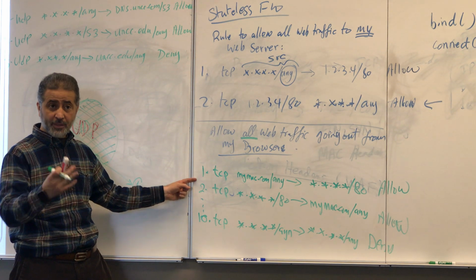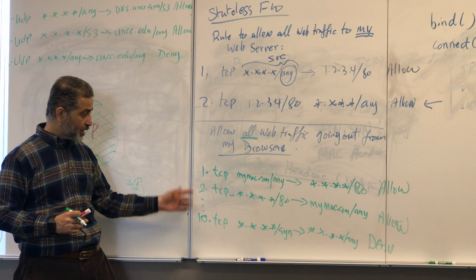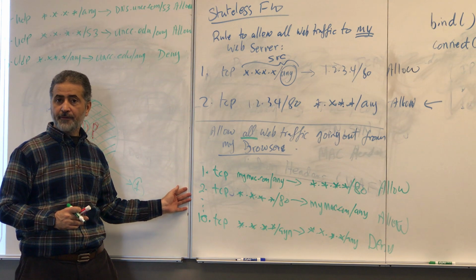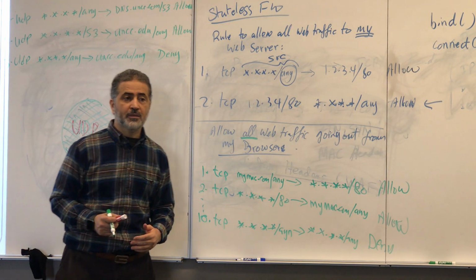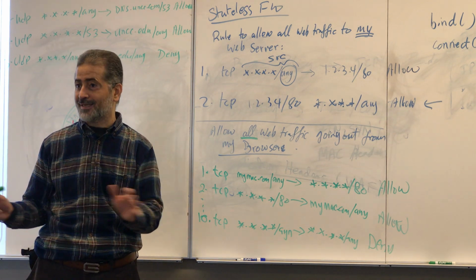Rules 1 and 2 allow the TCP web traffic coming to your network. Again, this is an example of making an exception. You can also deny all ICMP traffic except echo request for pinging.